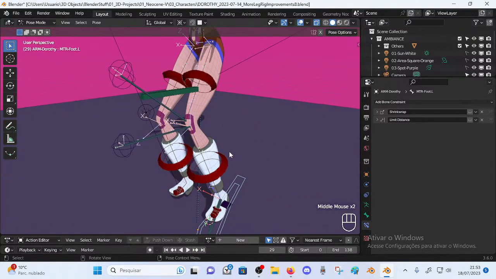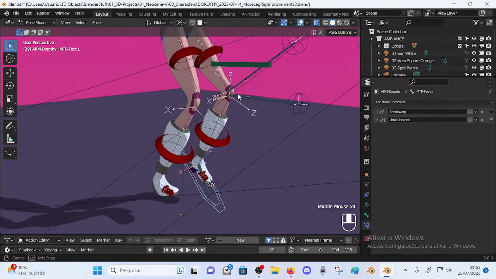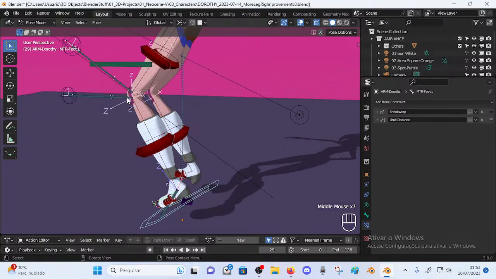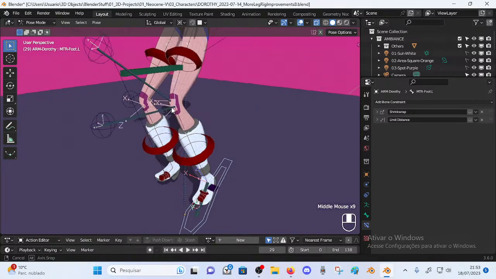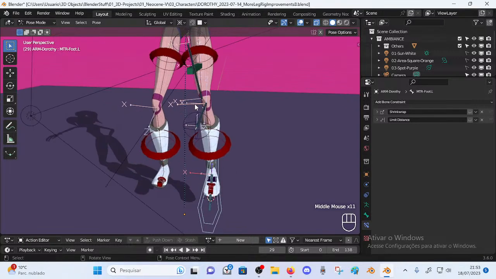You break the chain, you can make floating bones and whatever. So in my case, I'm not even proposing necessarily a deformed bone, but yes, a helper bone.